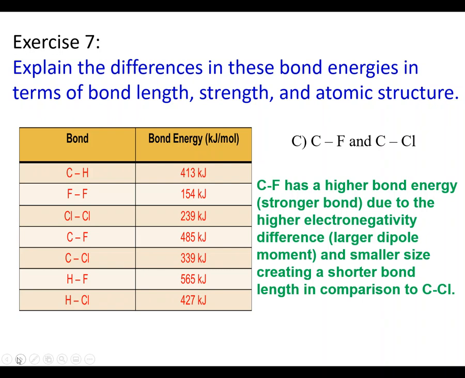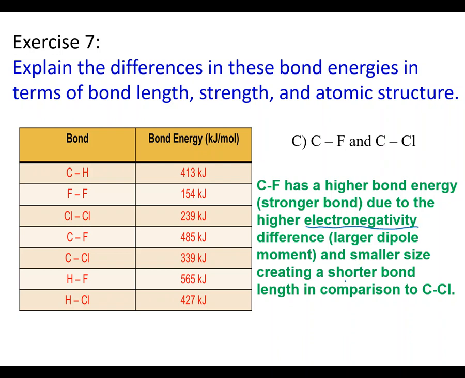So C-F has a higher bond energy due to the higher electronegativity difference, the larger dipole moment, and the smaller size creating a shorter bond length in comparison to the C-Cl. So I would note both in my answer, just because I'm strengthening my argument.